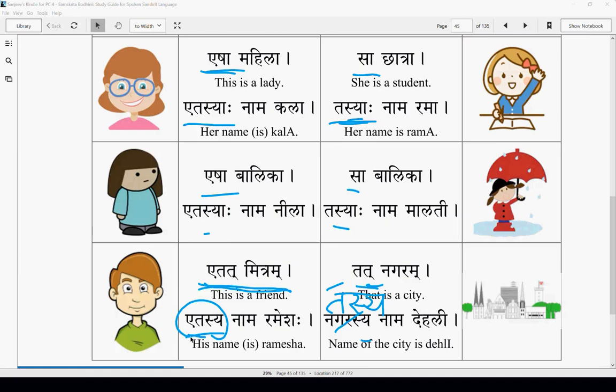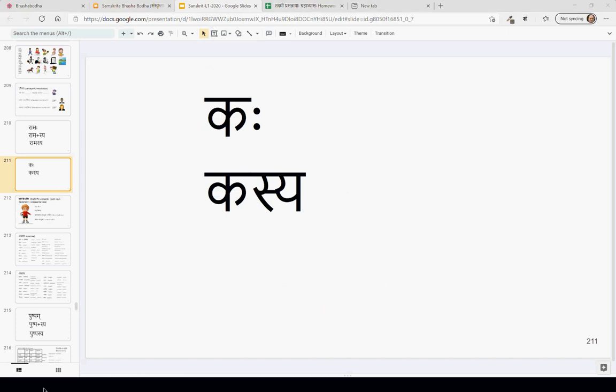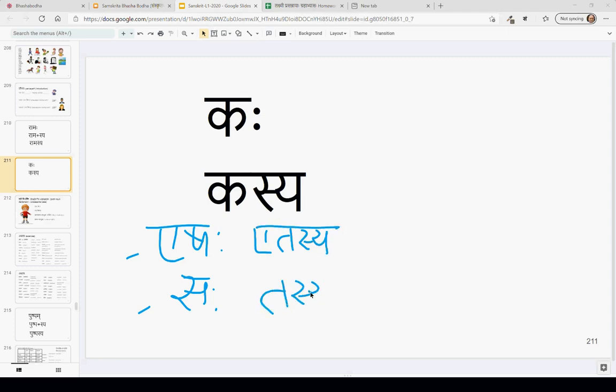So, if we make a table here, like Eshaha, Saha, right? What are the Shashti forms? Eshaha and Saha both are Pullinga. So this becomes Etasya. This becomes Tasya in Shashti.